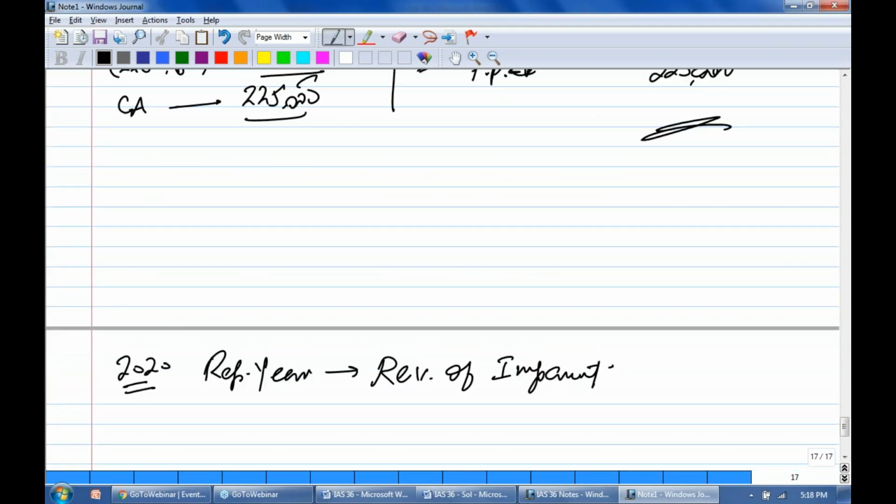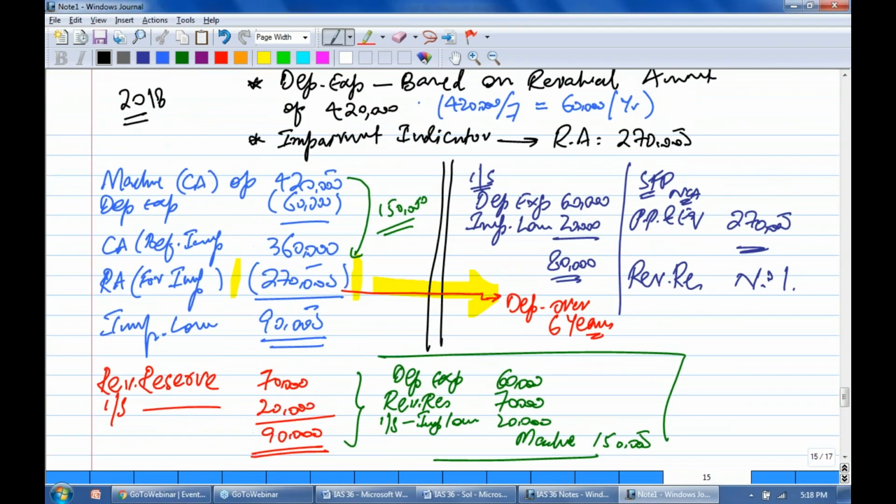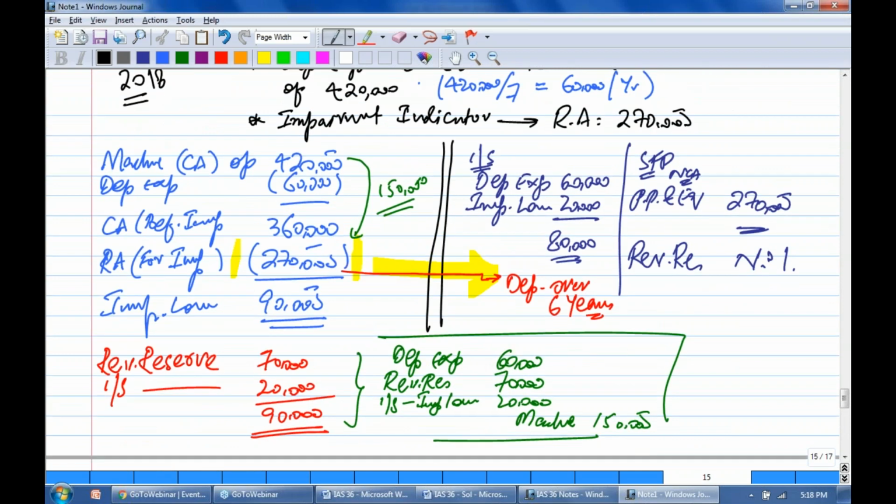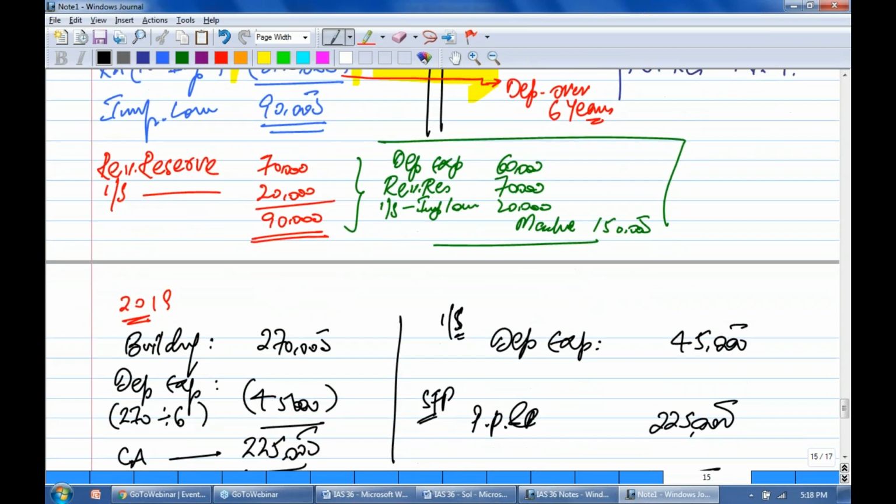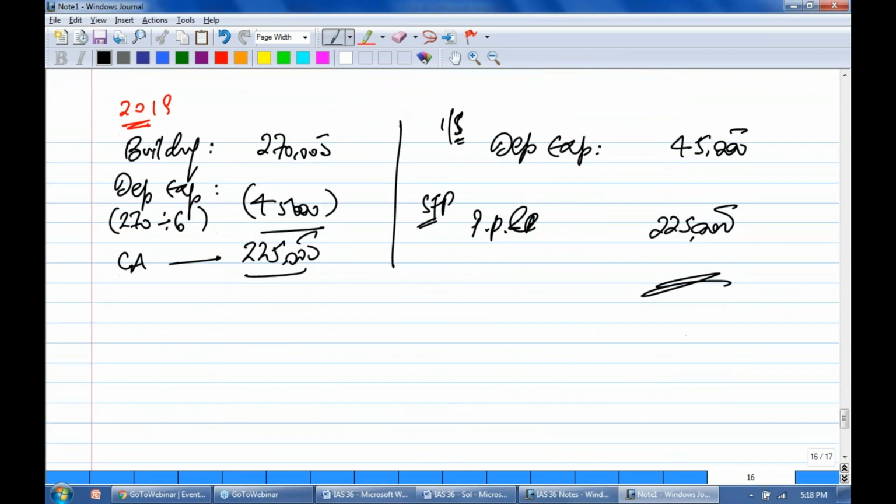Because after 2018, the management has to review the position of the building. And one thing to clarify, no impairment reversal at that year.